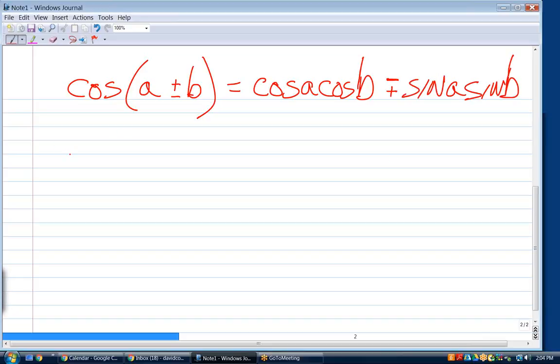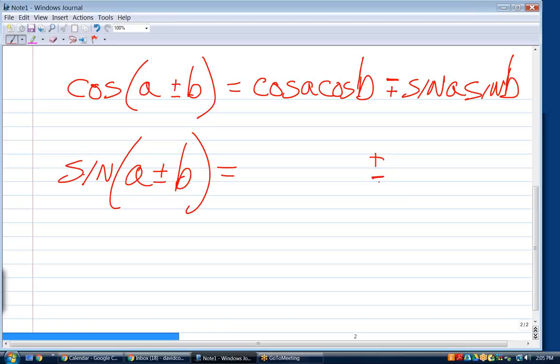Now, let's go over the sine one, and I'll show you why the first one is easier to actually remember. For the sine sum and difference, the main thing I remember is that the signs don't change. They're not opposite. So they're plus minus in the middle. Second thing is that it also has two sines and two cosines in it.